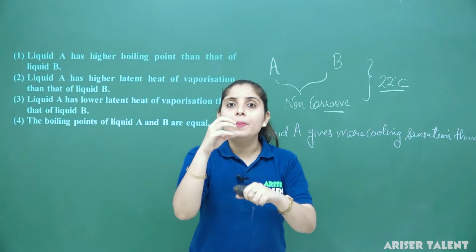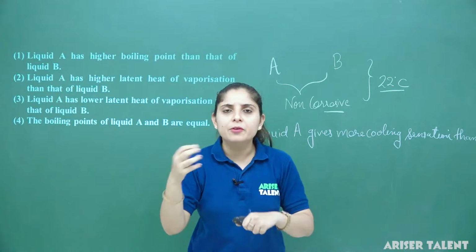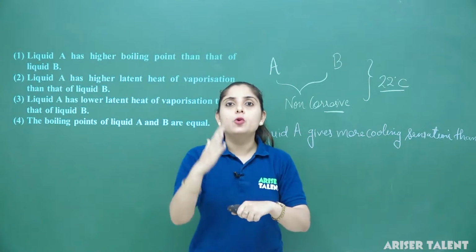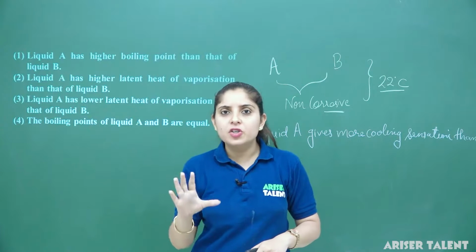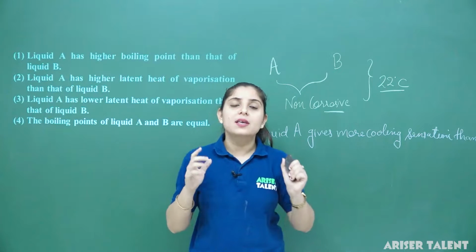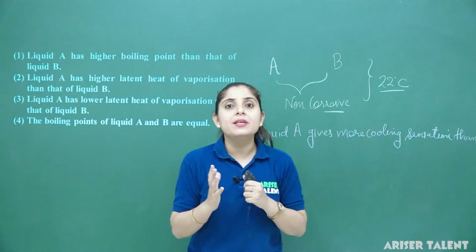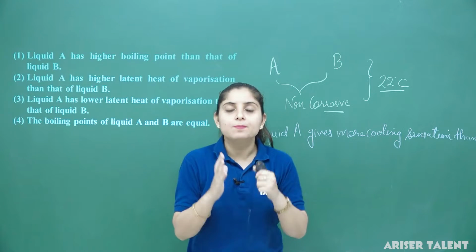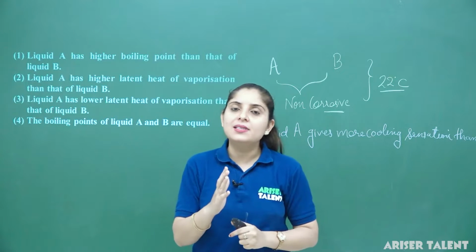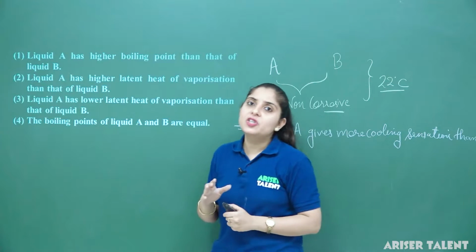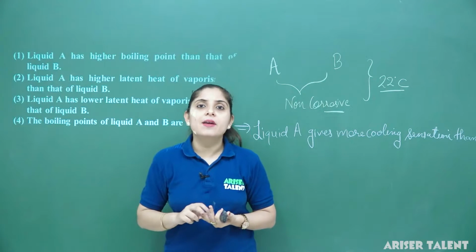If you place acetone or some other liquid on your hand, it can easily draw the latent heat of vaporization from your hand and the surroundings. So if the liquid is giving you a very cool sensation, it has to evaporate very fast. So if it is evaporating very fast, the latent heat of vaporization in this case is very low.